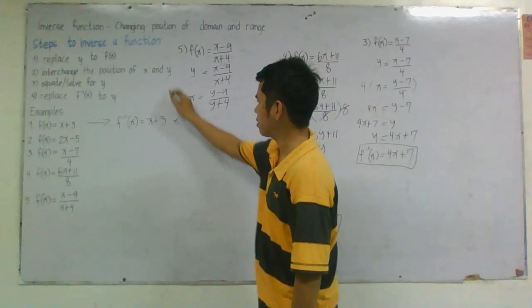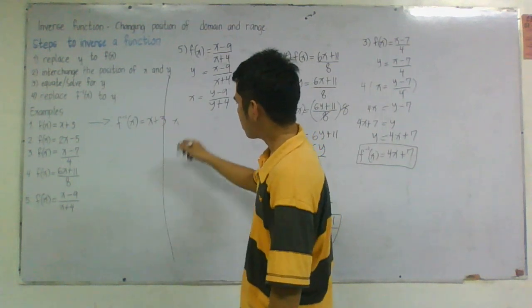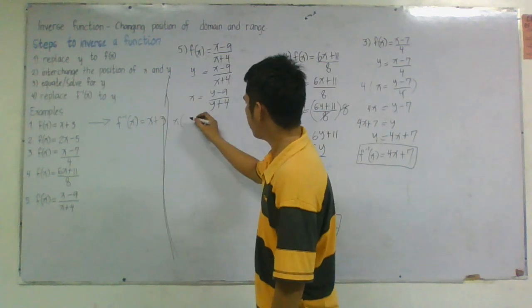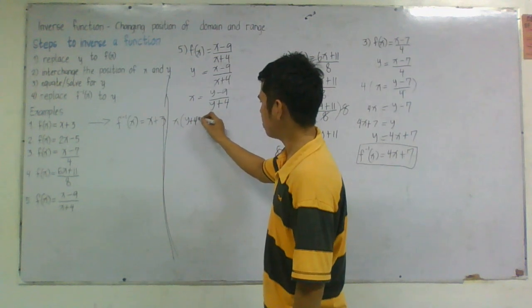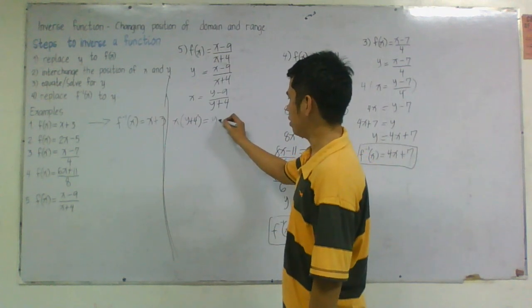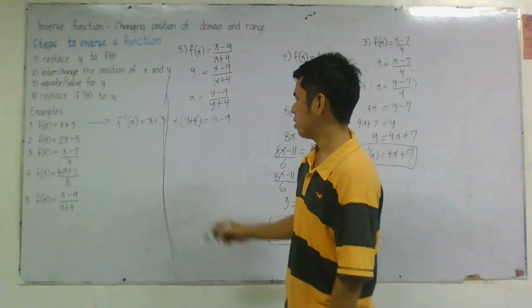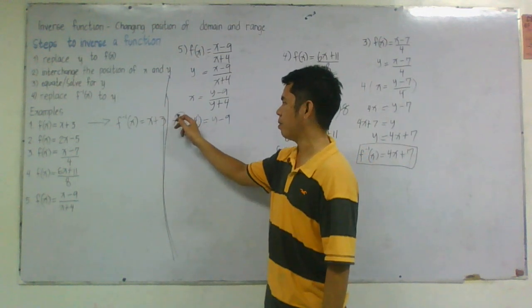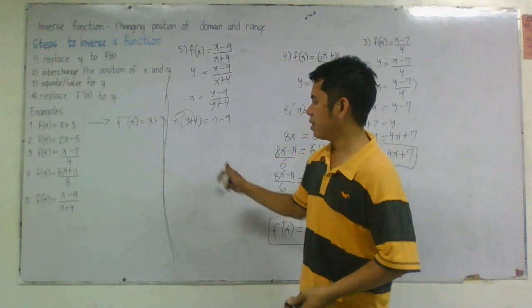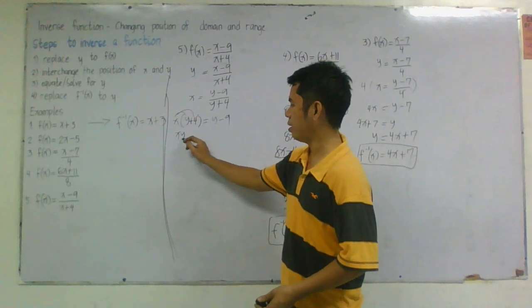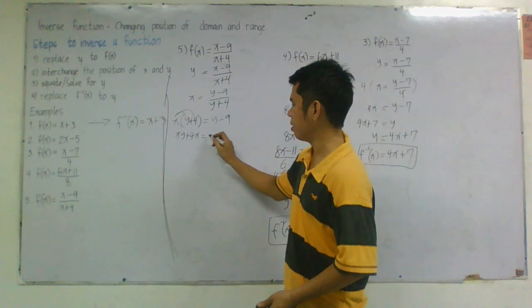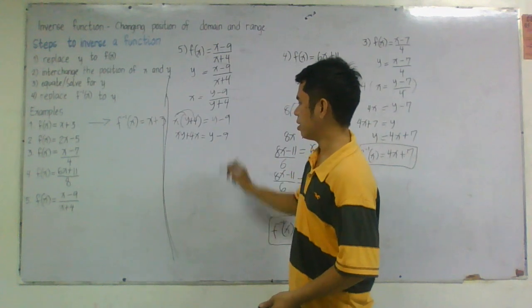Now we have x times the quantity y plus 4 is equal to, then we have to cancel the denominator, y minus 9. Then using the distributive property of multiplication, we have to multiply x to all terms inside the parentheses. That is xy plus x times 4 is 4x is equal to y minus 9.